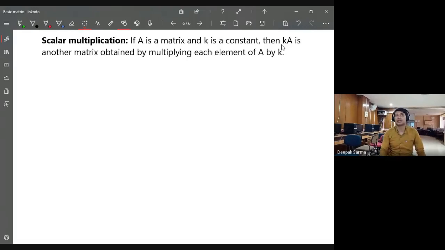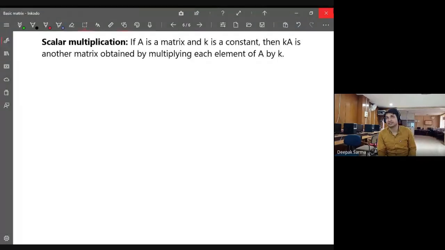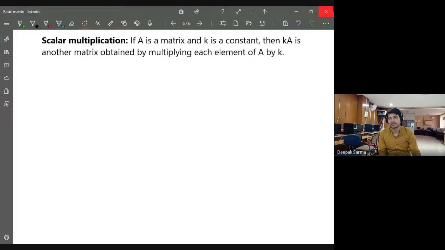We call it scalar multiplication because we are multiplying a matrix by a scalar K, or a real number K, or a constant K. When both are matrices A and B, then we say that it is matrix multiplication. So here K is a constant or a real number and A is a matrix. This product we call scalar multiplication. So how to define it? We will multiply each entry of the matrix A. Suppose, okay, I have to switch this one again.